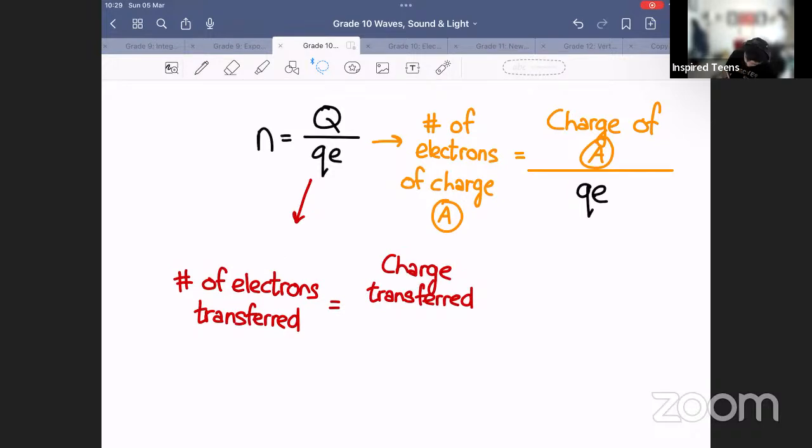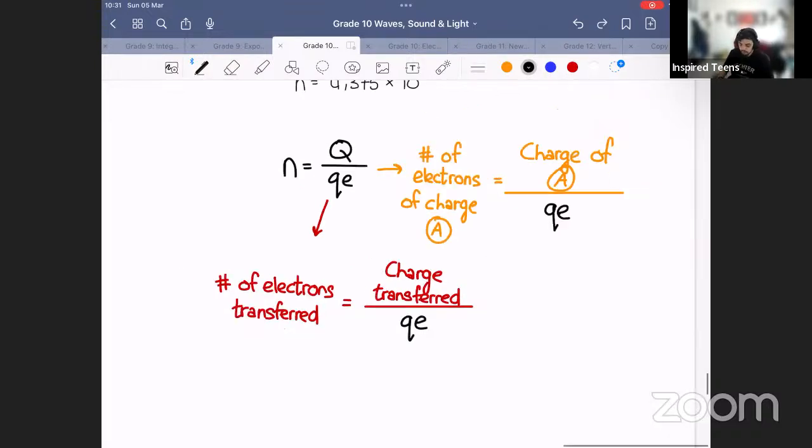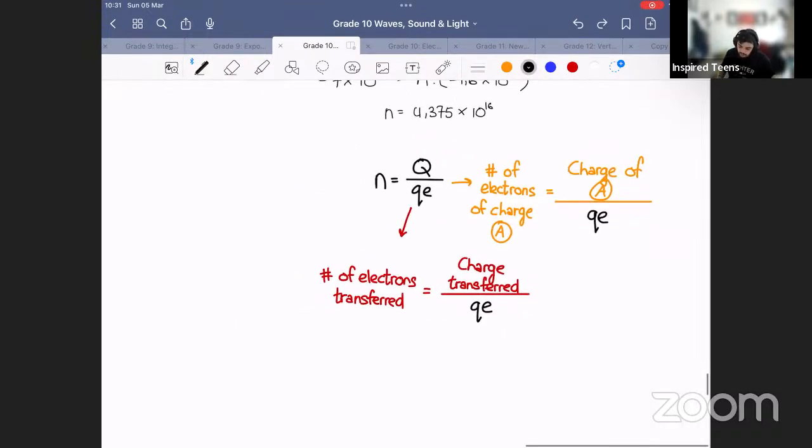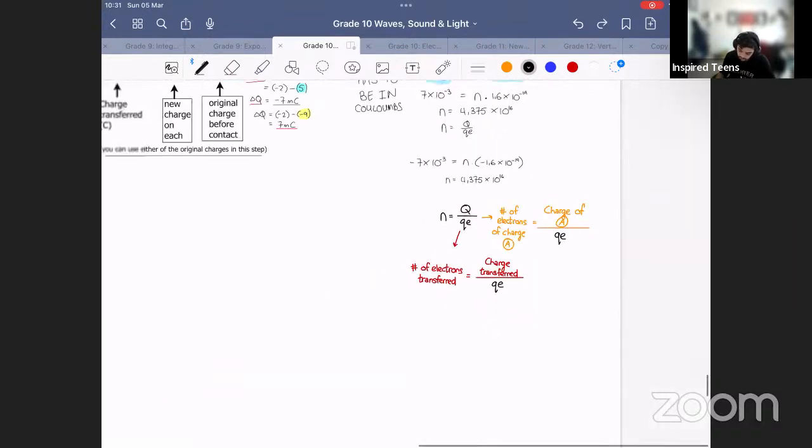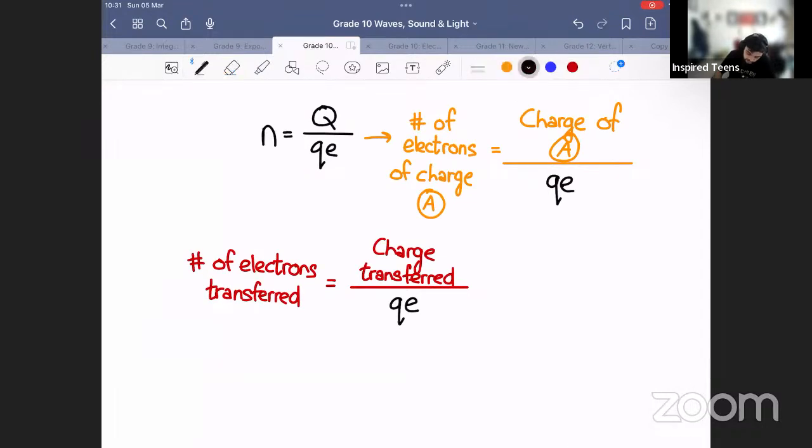So again, if I want to know the number of electrons transferred, I need to utilize the charge transferred and divide that by QE. If I want to know the number of electrons on top of the Eiffel Tower, I need to know the charge on top of the Eiffel Tower, whatever. But these need to match. Again, if I need to know the number of electrons at B, I need to utilize the charge at B, and vice versa. Meaning, if I want to know the charge transferred, I need to know the number of electrons transferred if I want to utilize this formula. Okay, so please keep that in mind. This is very important.